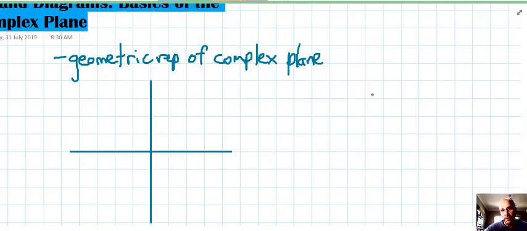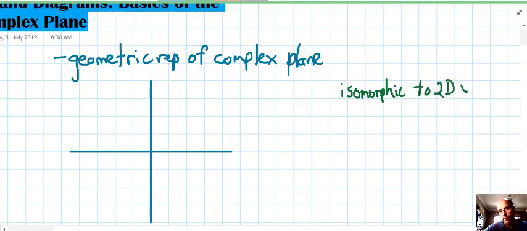Now hopefully you'll see that we have what's called isomorphism. The things we see on the Argand diagram are isomorphic, or corresponding, to two-dimensional vectors, which in turn use aspects of the Cartesian plane.